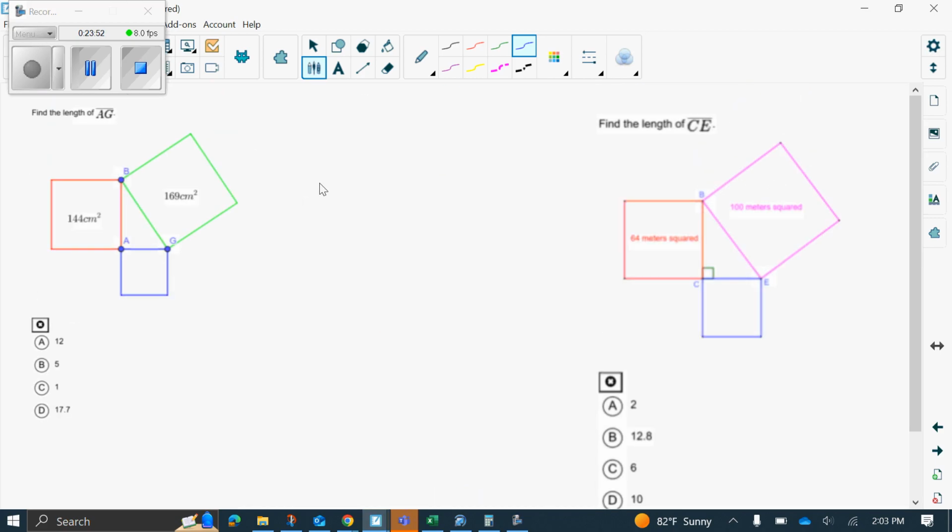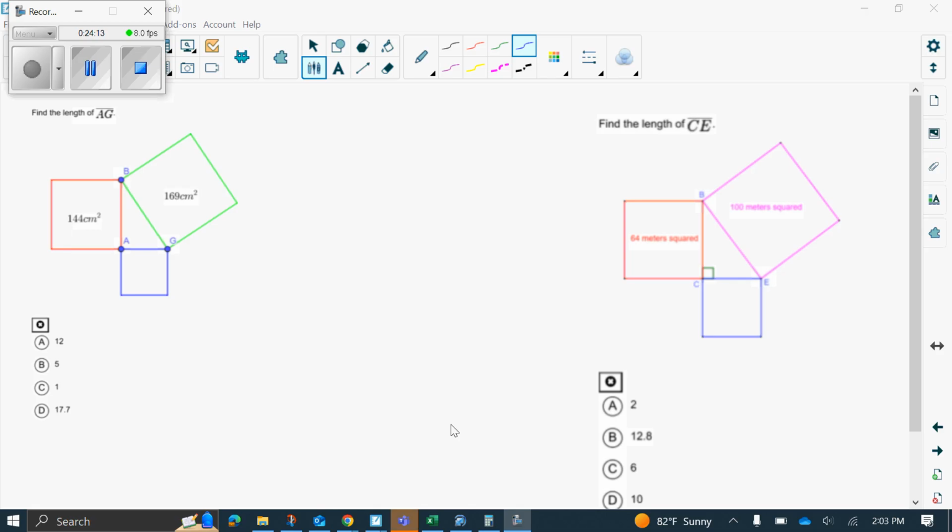Okay. Now, this is Pythagorean theorem. And I know we've kind of already been doing it, but in this case, it's already half done for us.